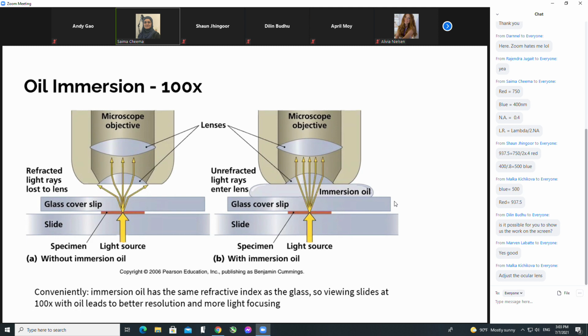You can look at it from the side and make sure that there is a continuous film between the slide and the objective. If not, then you can add more, but of course it can't be flowing around everywhere. There's very little working distance with this 100x objective lens, so it's easy to get there with a big drop. Okay, thank you.